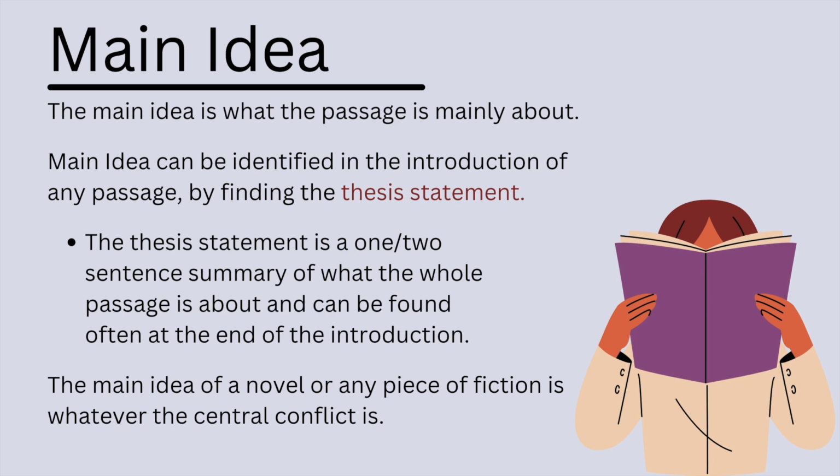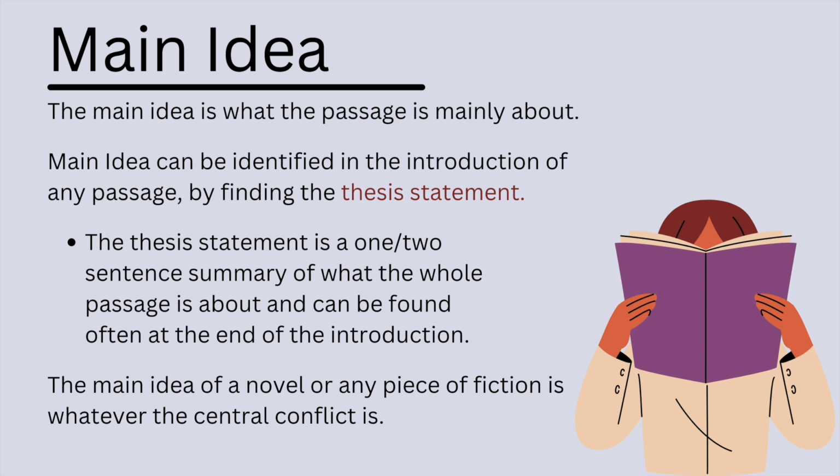A thesis statement is a 1 to 2 sentence summary of what the whole passage or article is about and can often be found at the end of the introduction. That's only sometimes. Most of the time, a thesis statement is found at the end of an introduction, but sometimes writers include their thesis statement right at the beginning of their introduction. It might be the first, or maybe the second or third sentence.